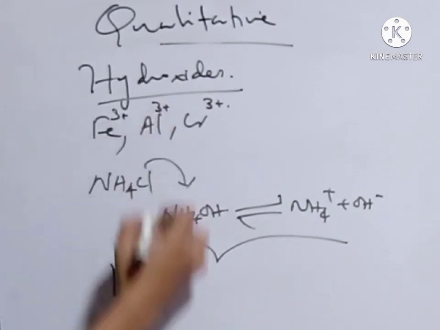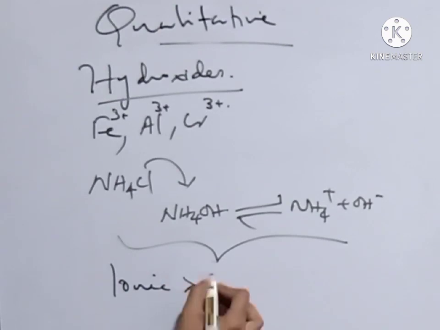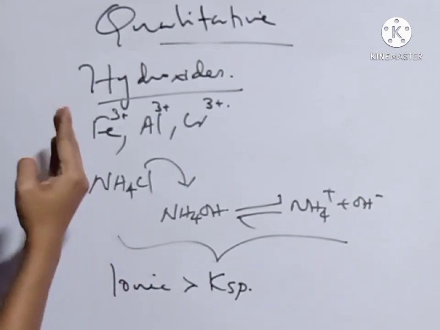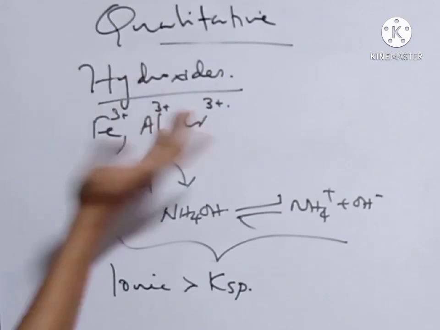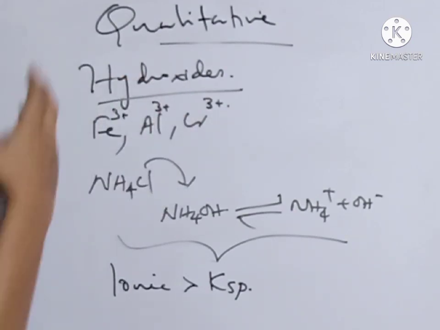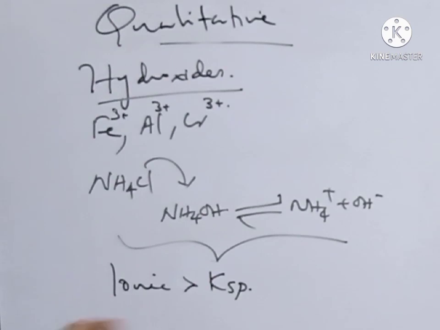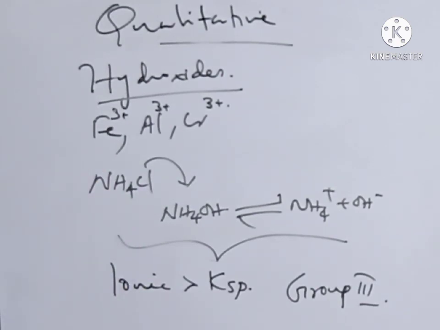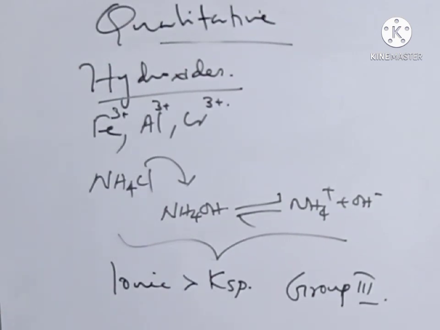So here for these metals, the ionic product exceeds the solubility product. Even a lower ionic product is enough to precipitate iron hydroxide, aluminium hydroxide or chromium hydroxide. So these metals precipitate in group 3. But metals like magnesium and zinc will not precipitate in ammonium hydroxide, ammonium chloride solution because their solubility product is much higher than the ionic product.